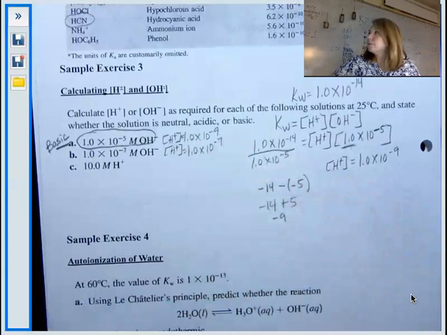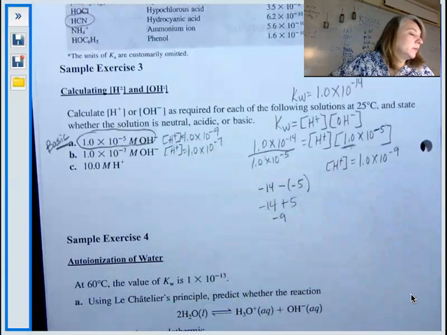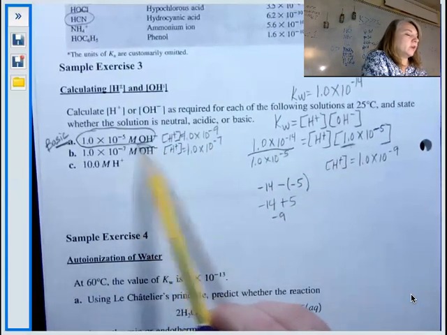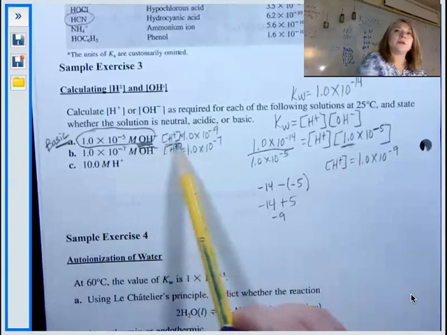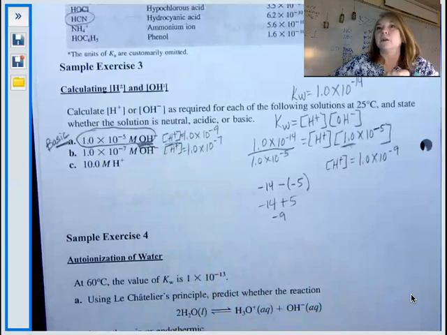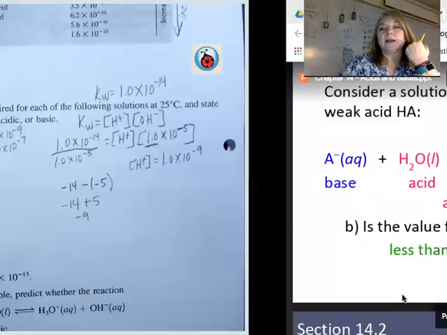Yes, Tyler? I thought the bigger the number, the more acidic. Well, it depends on which one's bigger. Is it the hydroxide or the hydronium? The hydroxide is bigger.